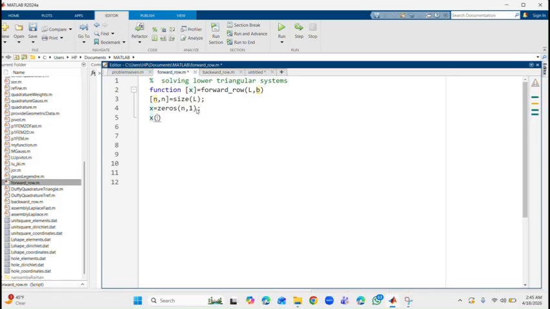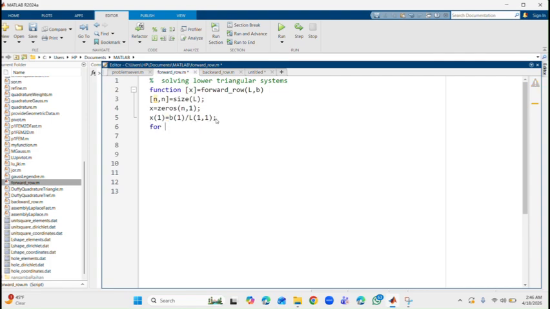Then we have seen earlier that I can find x1, which is given by b1 divided by L11.